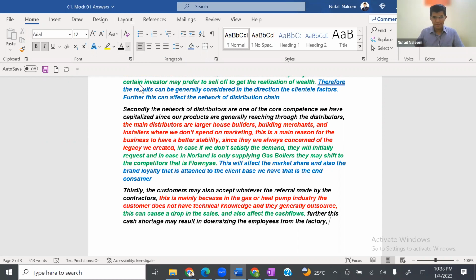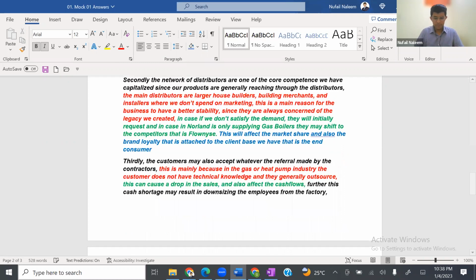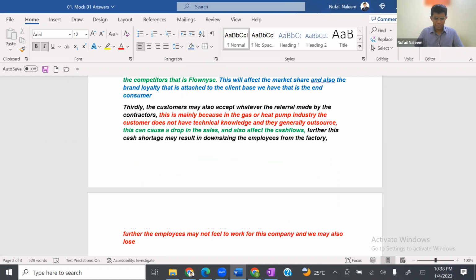And I'll just connect the relevance. Further, the employees may not feel to work for this company. Correct or not correct, students? Yes, sir. And we may also lose, I can say, quality staff with intellectual capacity.